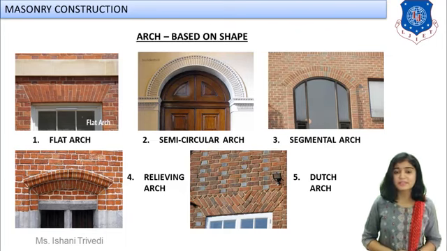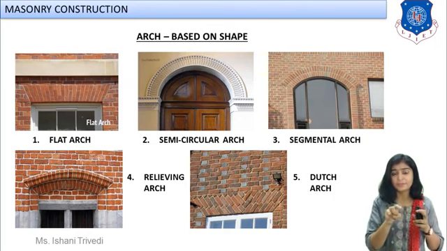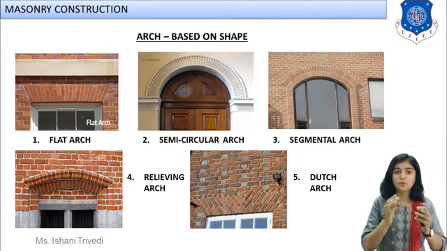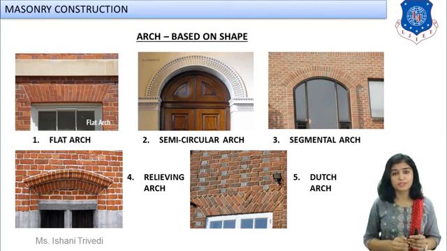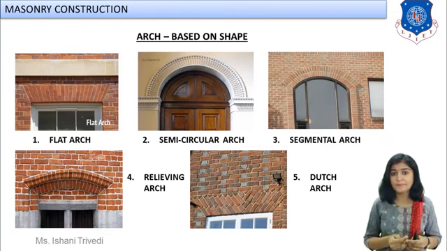Next we have relieving arch. Now relieving arch will be a combination of arch and lintel, right? The lintel will be provided below the arch, which will be connecting the two supports of the arch for the purpose of load carrying and load distribution, right? When the loads coming are very much heavy, you will have to transfer that load again with the help of another horizontal structural member, that is known as relieving arch.